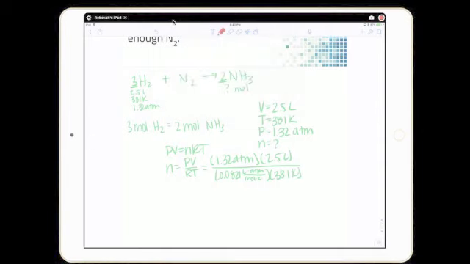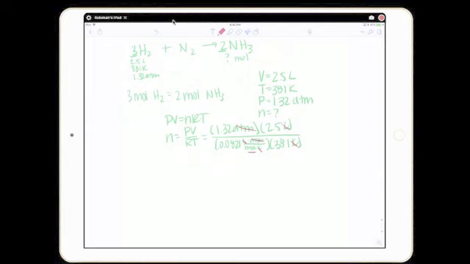If I look at my units here, atm will cancel, liters will cancel, Kelvin will cancel, and I'm left with 1 over 1 over mole, which is mole. So my first little answer is going to be 1.32 times 2.5 divided by 0.0821 divided by 381. So n is equal to 0.11.